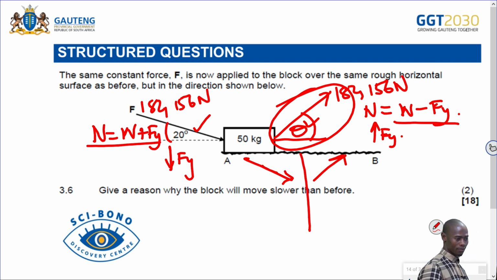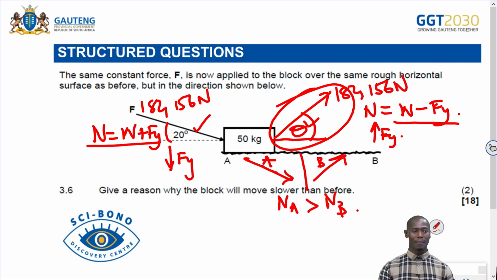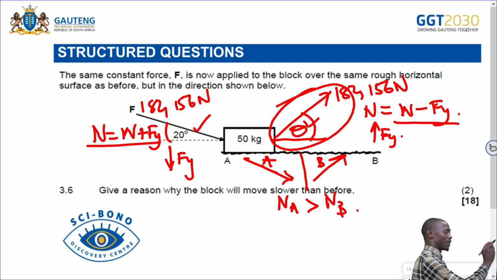So now let me compare these two. I'm comparing the normal force for these two. Right? The normal force, let me just say here is A and then here is B. All right? So the normal force A will be greater than normal force B. Why am I saying that? Normal force here is weight plus Fy.